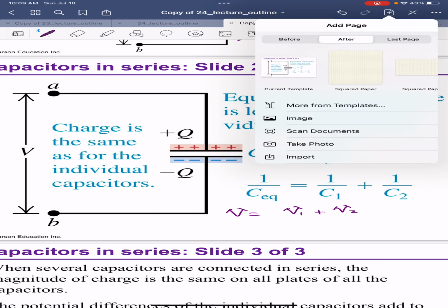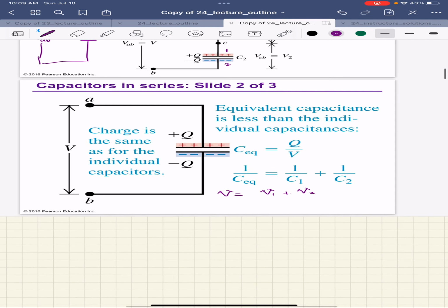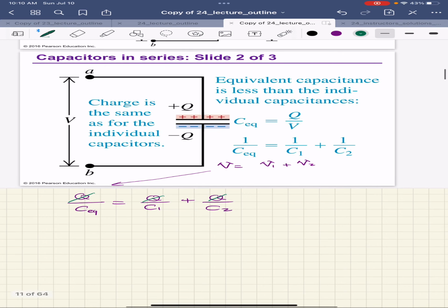So this is Q over C equivalent, or C total, and that is Q over C1 plus Q over C2. And then since it is the same Q, we can cancel. Then if you have two capacitors in series, you say 1 over C equals 1 over C1 plus 1 over C2.